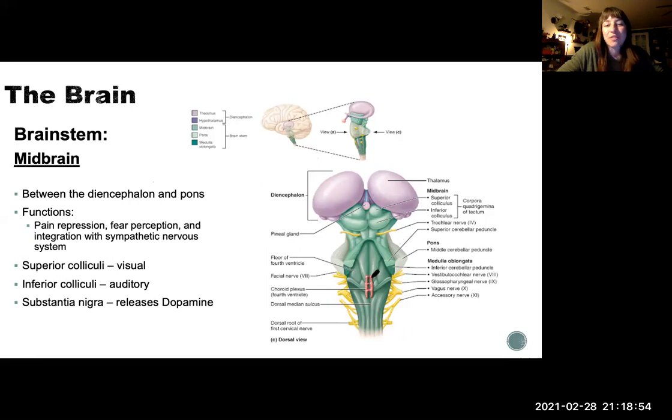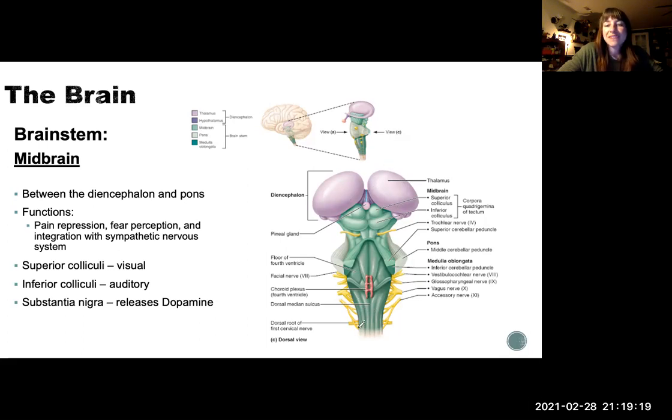Okay, so all of these parts of the brain are involved in, I don't want to say basic, but strictly survival and instinct kind of functions, behaviors, and involuntary behaviors and functions. This looks very similar in all animals, right?